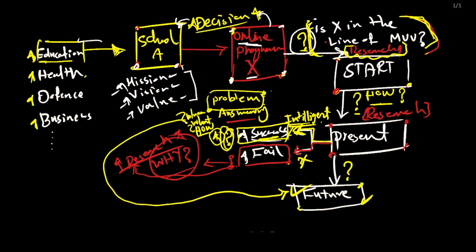As a conclusion, what you can see here is that on the first stage, on the decision making, there are questions to be made. On the stage of a start, there are other kinds of questions to be made. On the present stage, there are questions to be made.